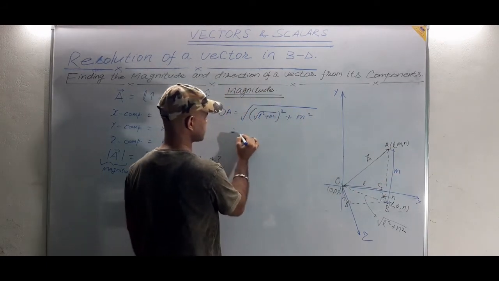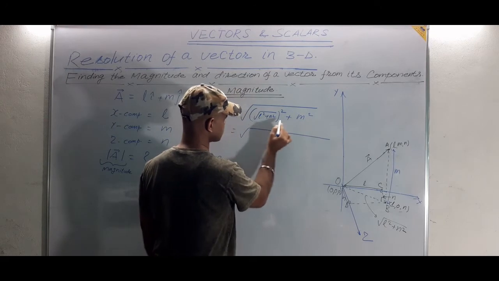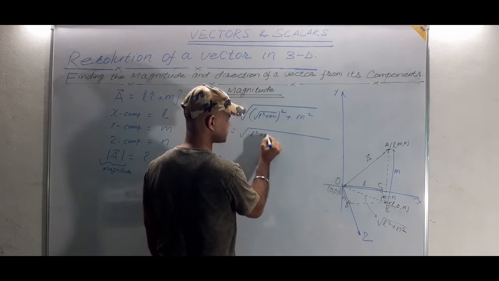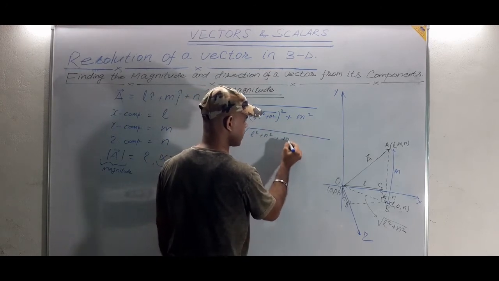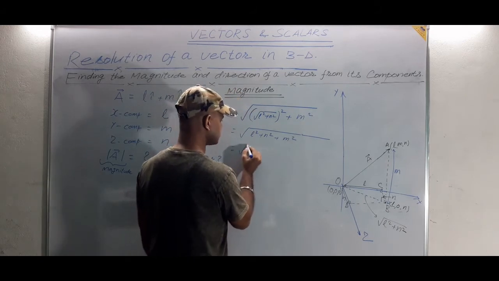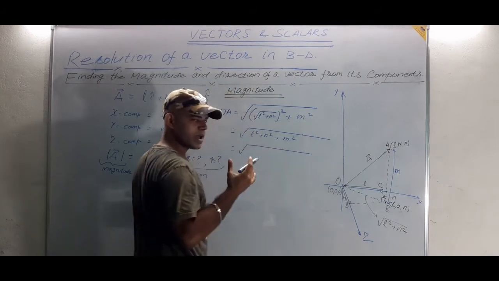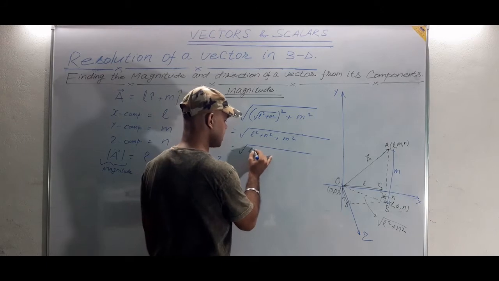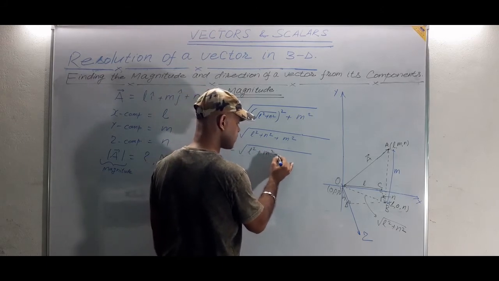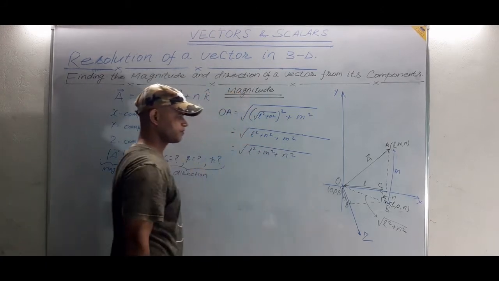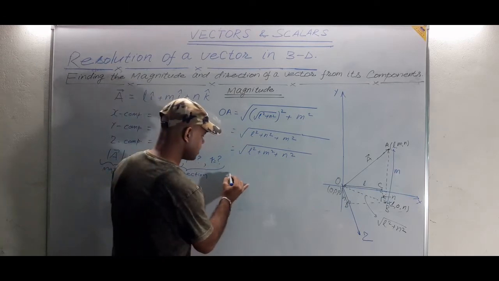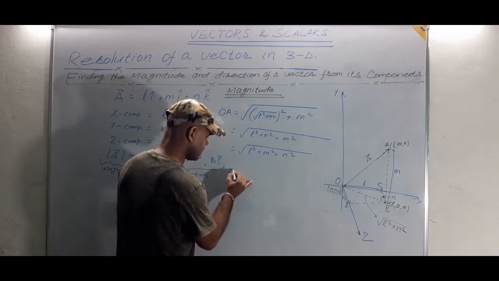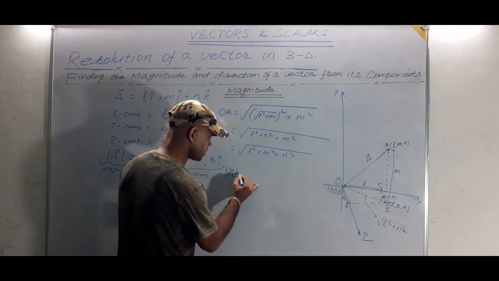So how much do you get? Root of L square plus N square plus m square. So simply the length of the arrow or the magnitude of the vector is root of L square plus m square plus n square.